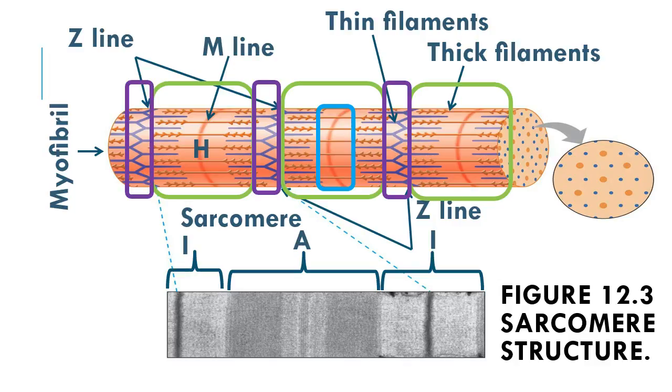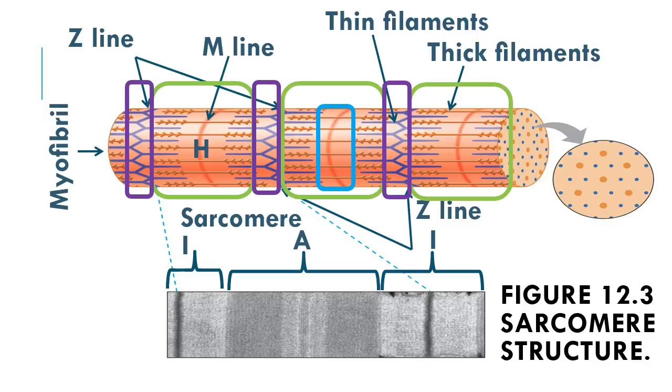The purple boxes are the I-bands. The green boxes are the A-bands. And in the middle of the A-bands is a less dense area called the H zone, highlighted by the single blue box shown here.